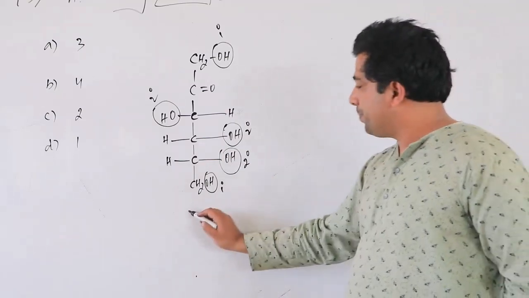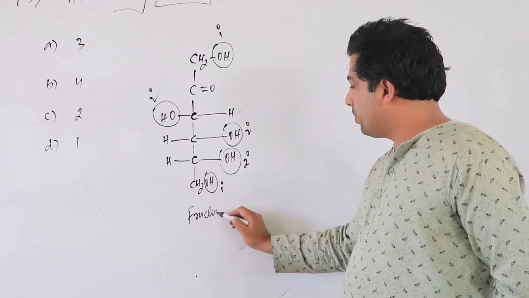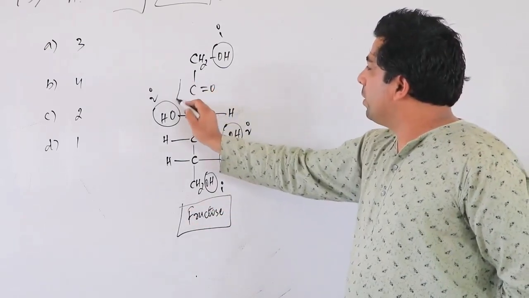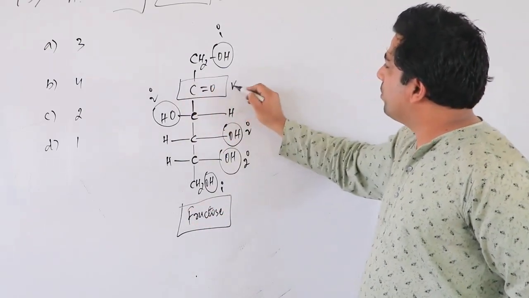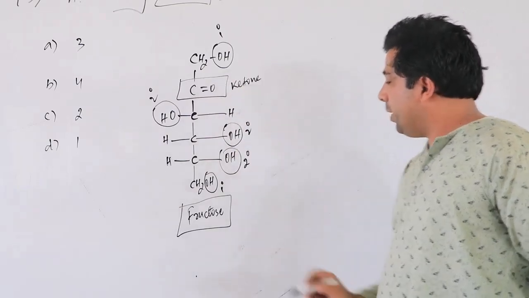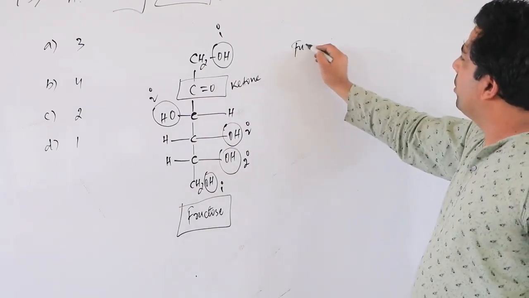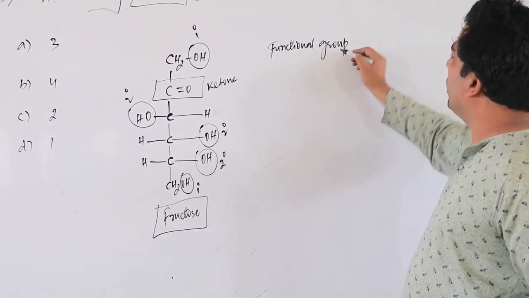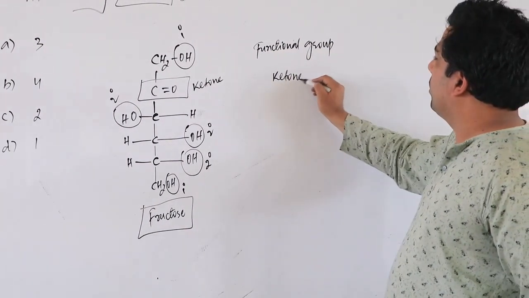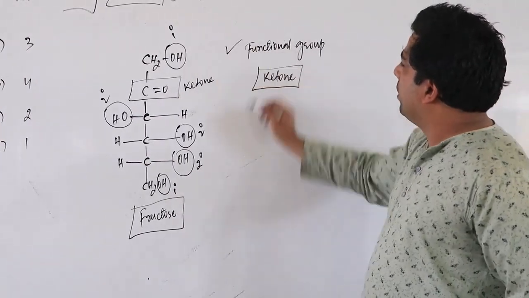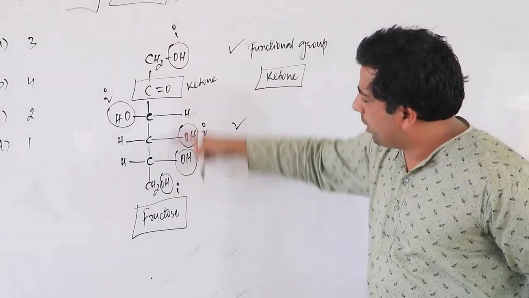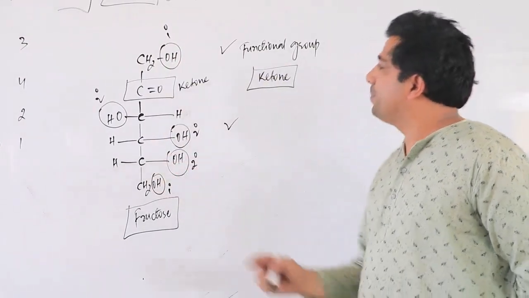So in your fructose molecule, you remember, first of all C=O is nothing but a ketone. So in fructose, the functional group is your ketone. Second thing, primary OH groups are 2. Remember that, first and the last.